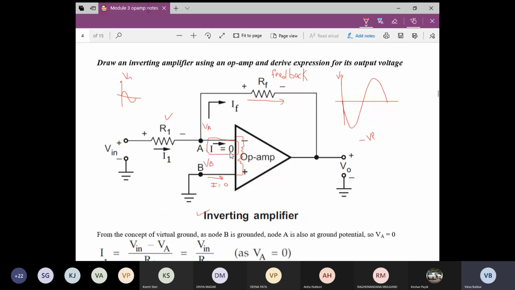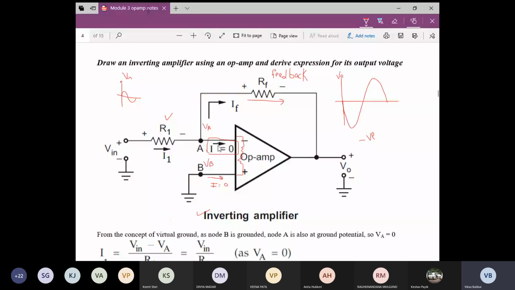That is the one reason that you should quote while writing the answer. That will make your answer stand very different from others, and it is going to impress the examiner when they evaluate your paper. So due to the very large input resistance of my op-amp, no current will enter the op-amp. Hence I is equal to 0, or the current entering the op-amp is 0.